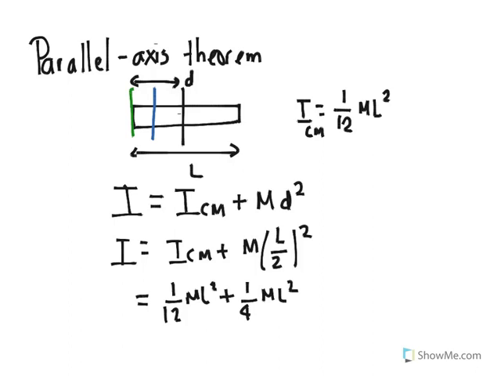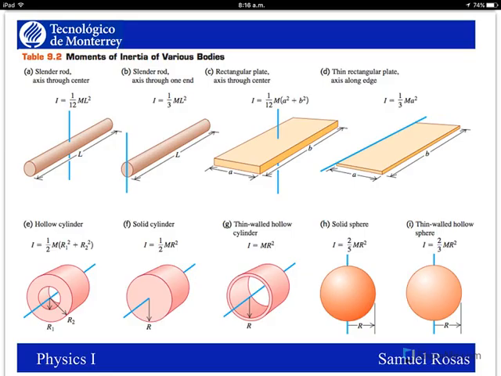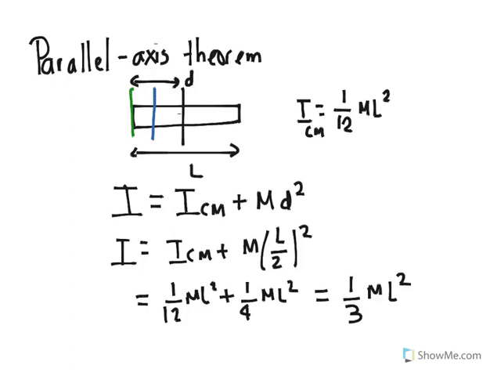And 1/12 plus 1/4 will give me 1/3 of mass times length squared, which is given in the green one as the case we analyzed here, the slender rod through one end. We can also analyze other parallel axes with the parallel axis theorem. So this is how we are going to be working with the moment of inertia.